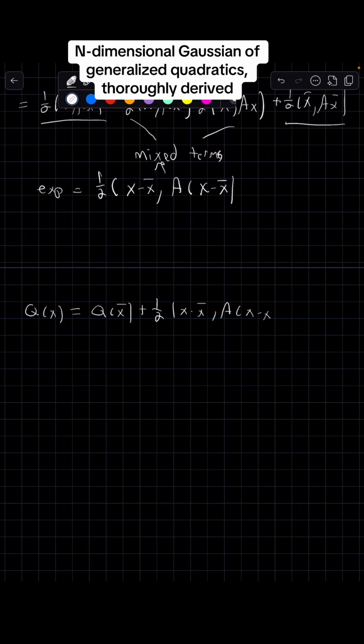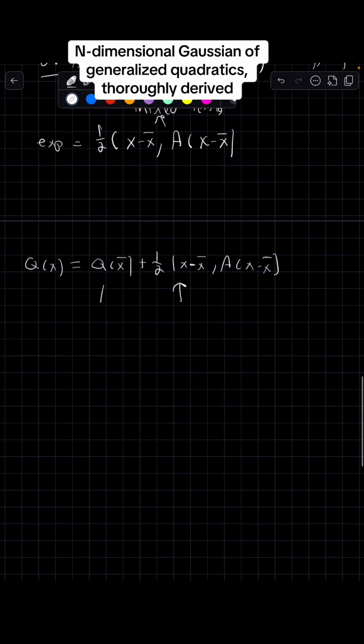And so this gives us a formula, actually, for the value above the minimum. And this is a constant, and this is a function.